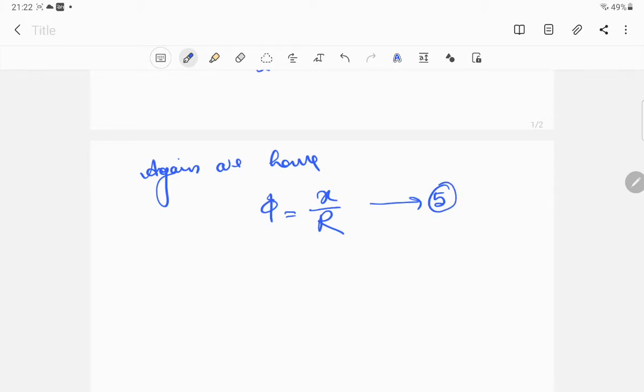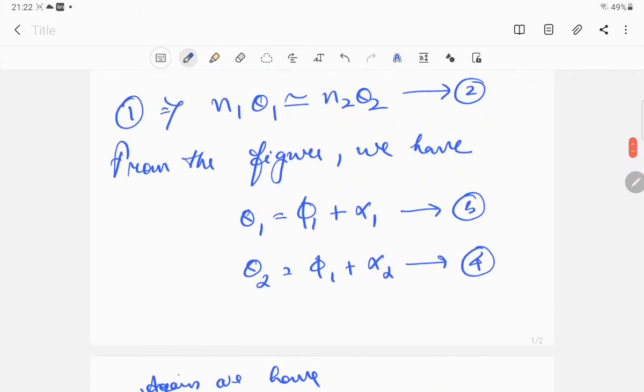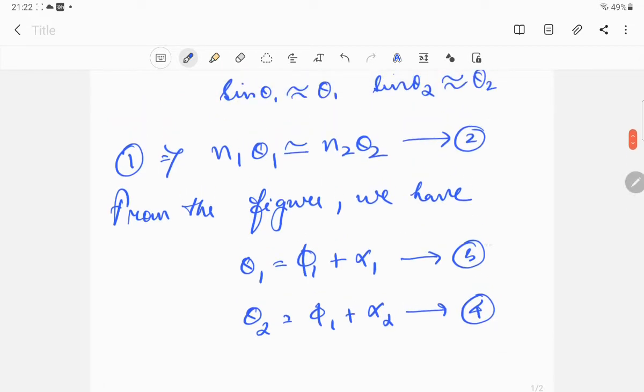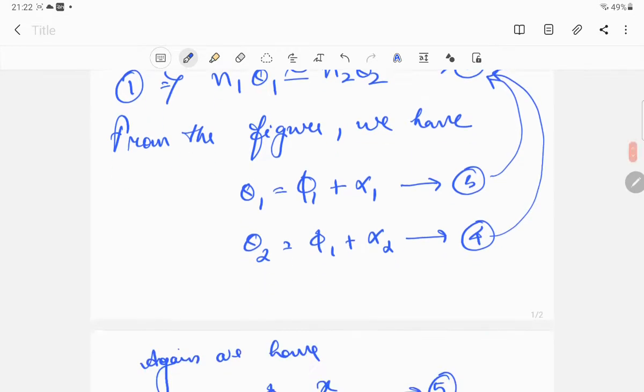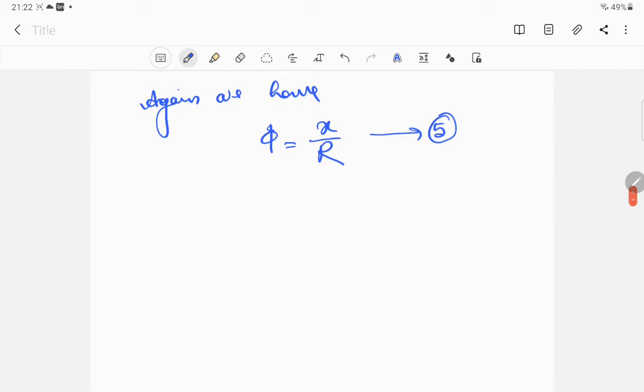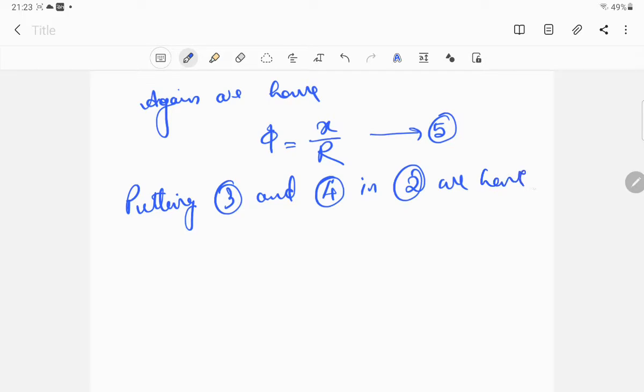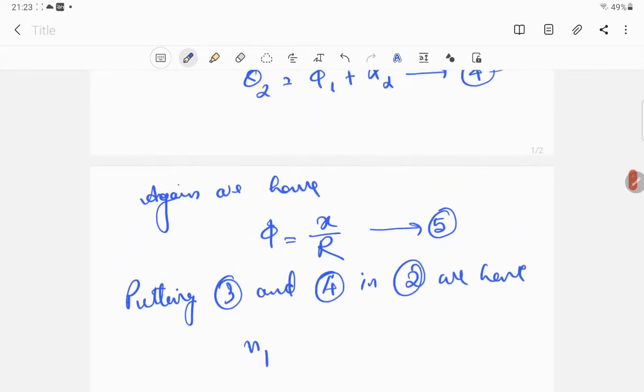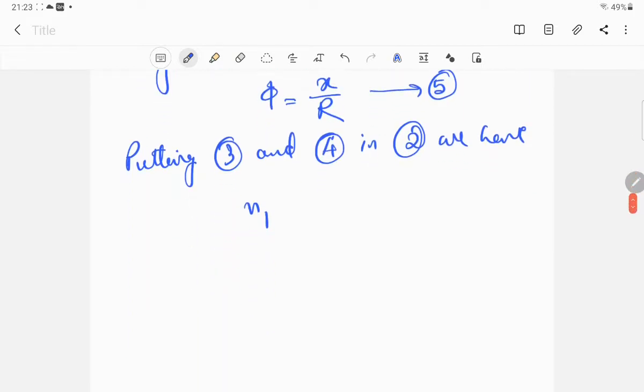Now let's go back. What I will do, I will put these values here, put values from 3 and 4 in 2, and let's see what happens. Putting 3 and 4 in 2 we have n1 theta 1 means n1 times phi 1 plus alpha 1, and n2 theta 2 means n2 times phi 1 plus alpha 2.